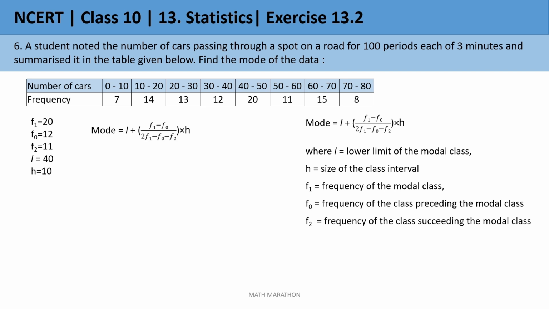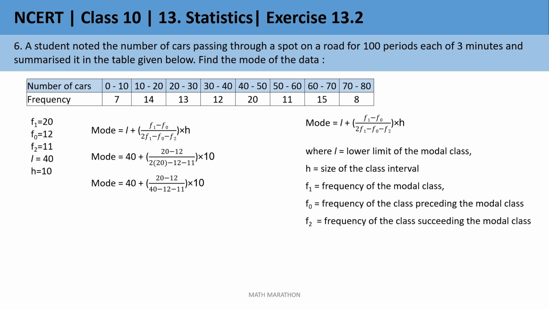Formula to calculate mode is L plus F1 minus F0 divided by twice of F1 minus F0 minus F2 multiplied by H. Mode is equal to L, which is 40, plus F1, which is 20, minus F0, which is 12, divided by twice of F1, which is 20, minus F0, which is 12, minus F2, which is 11, multiplied by H, which is 10.